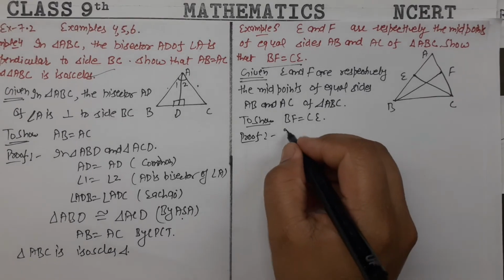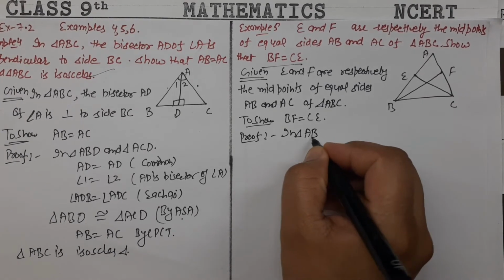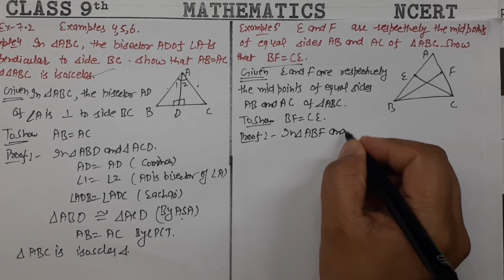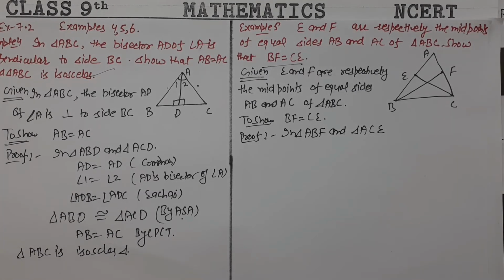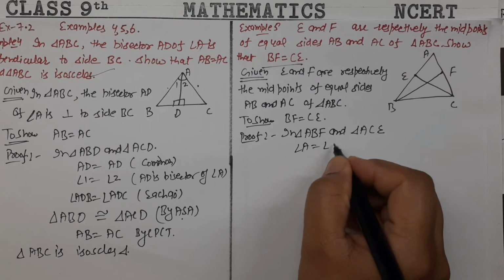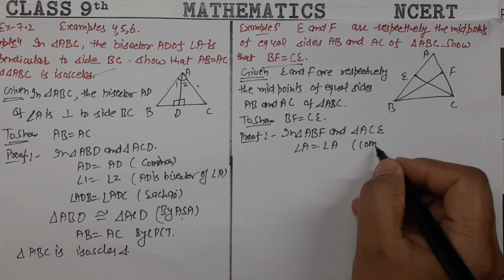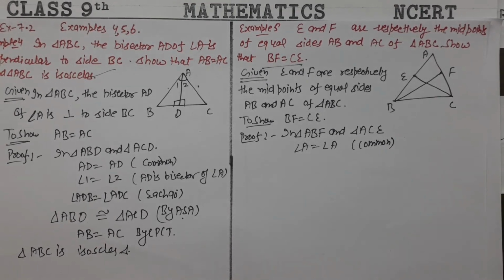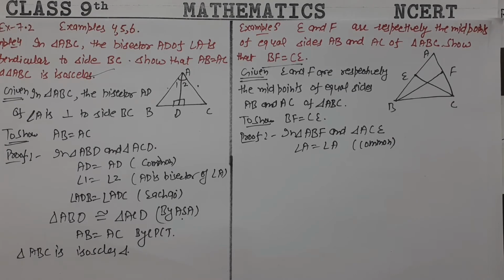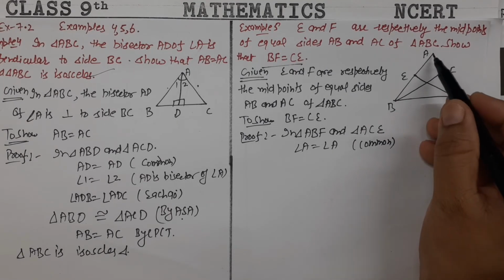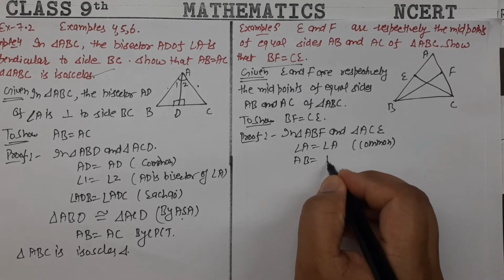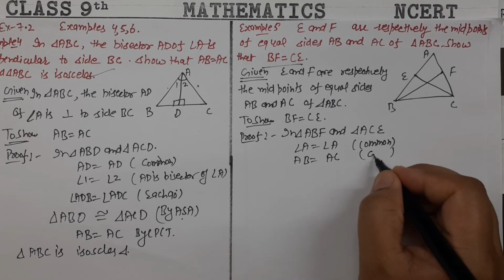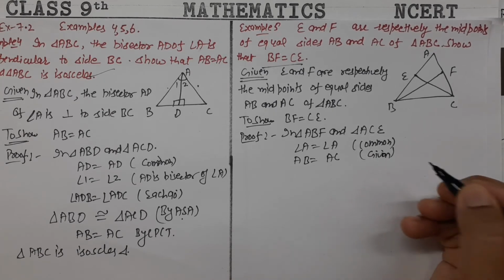Proof: in triangle ABF and in triangle ACE, angle A is common. AB is equal to AC, given.